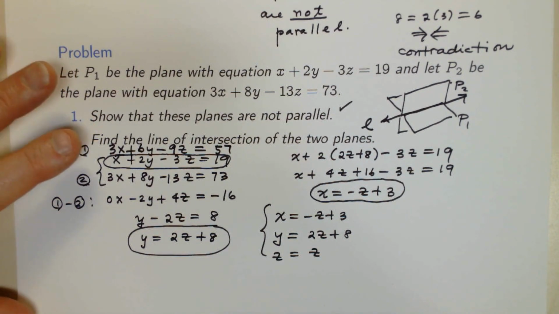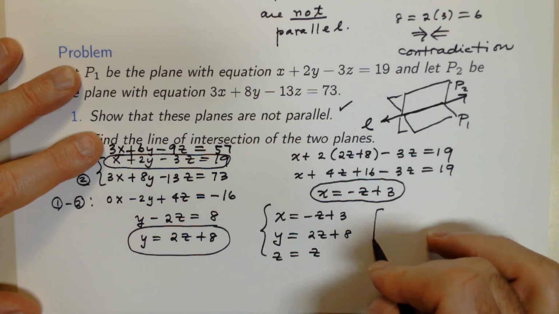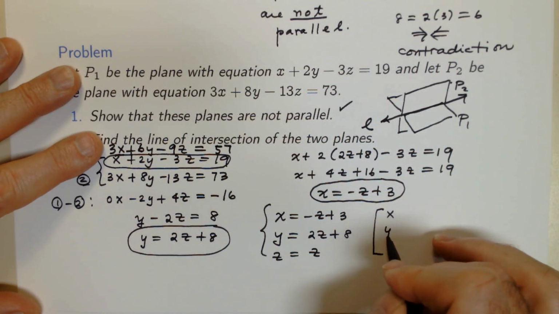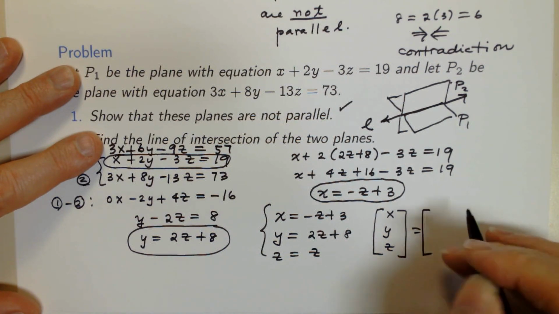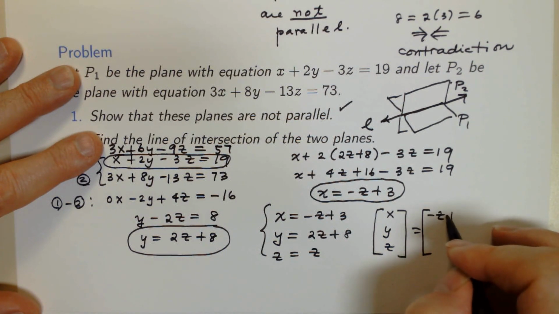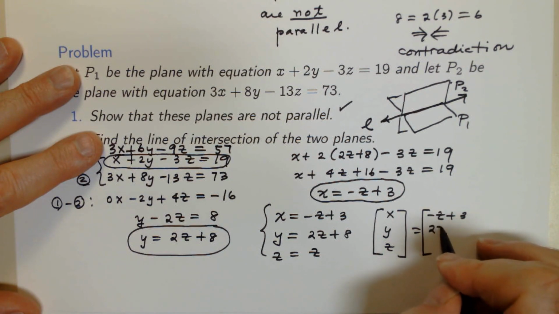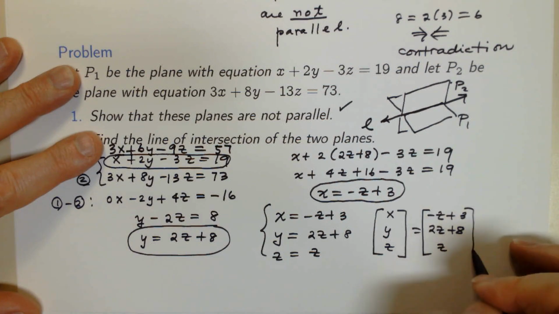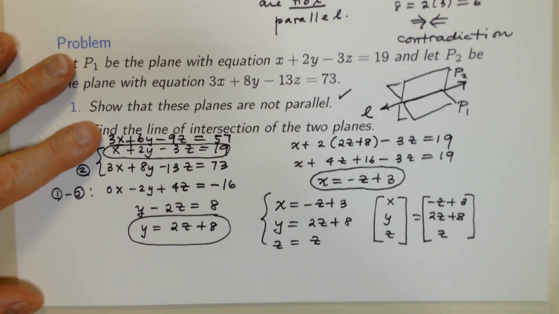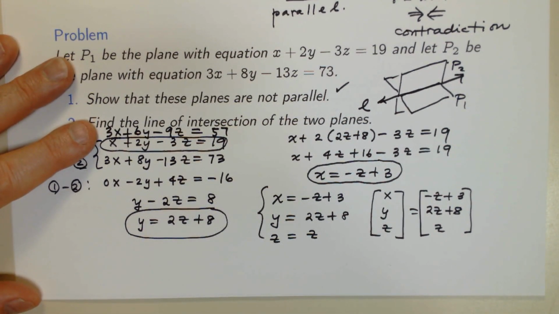Now let's write it in vector form, and now let's separate it out into a position vector and a scalar times a direction vector.